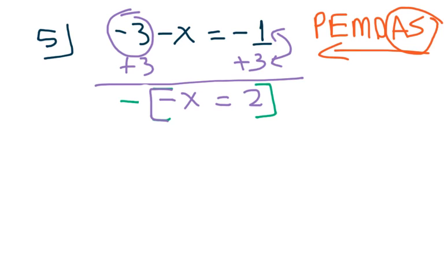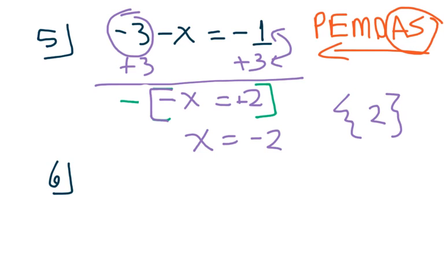The opposite of -x is positive x. The opposite of +2 here is -2. So that's what I would call negating the equation. You just make all the signs opposite of what they are. And that's another technique.